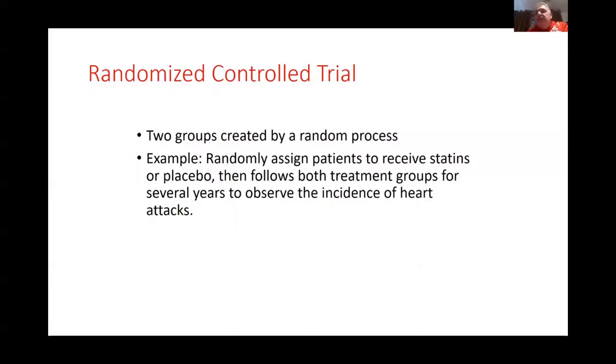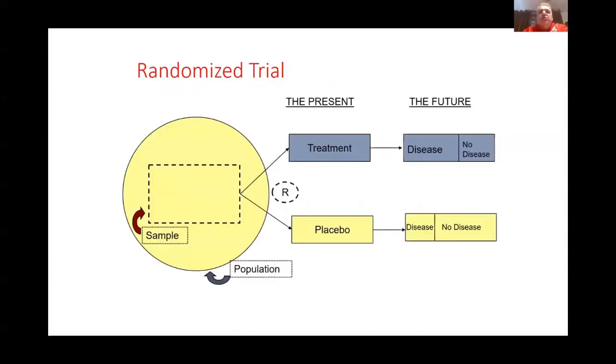Now we will talk about the randomized controlled trial. In a randomized controlled trial, we have mainly two groups created by a random process, randomly assigning patients to receive, for example, statins or placebo, then following them both for several years to observe the incidence of heart attacks in these two groups.